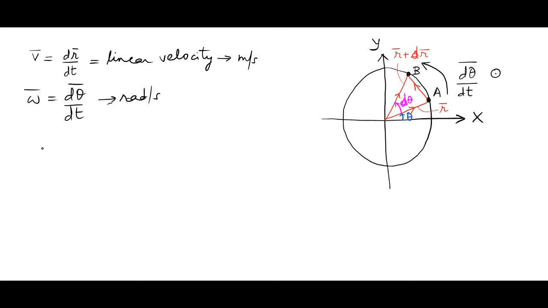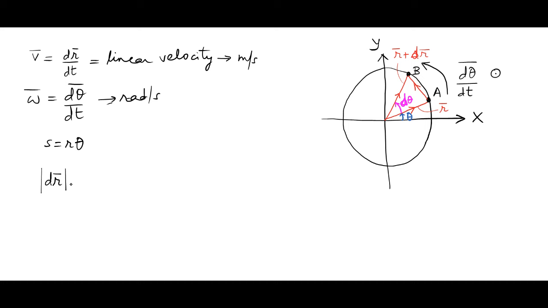So the first thing that we do is to write the well-known geometrical relation, that is S is equal to r theta. We apply this relation in the context of the particle's motion from A to B. So it means the length of arc AB. Now the length of arc AB, as explained just now, is actually the modulus of the straight line segment AB.